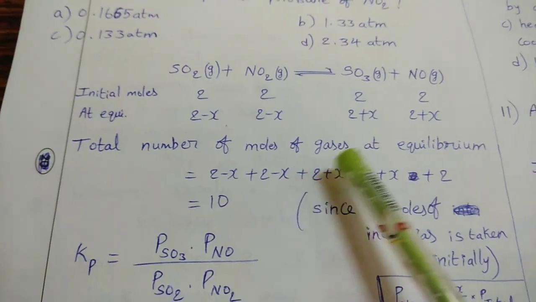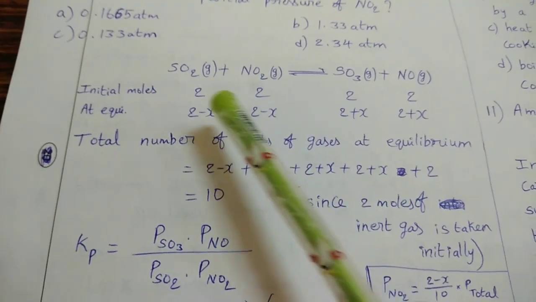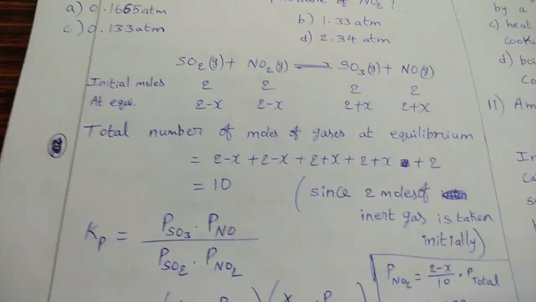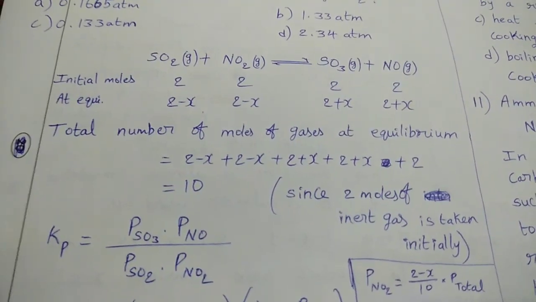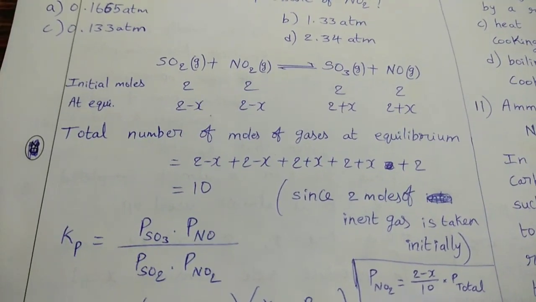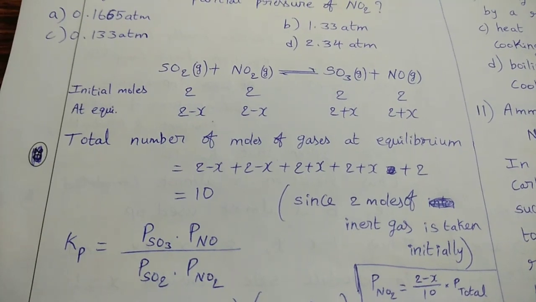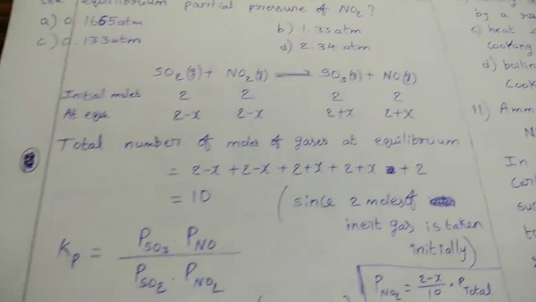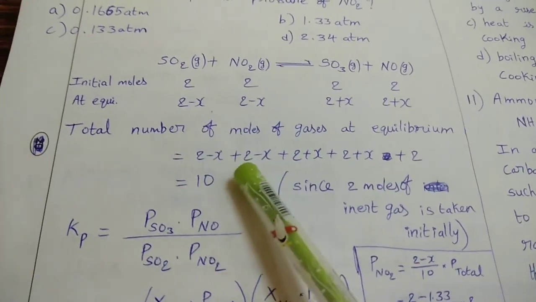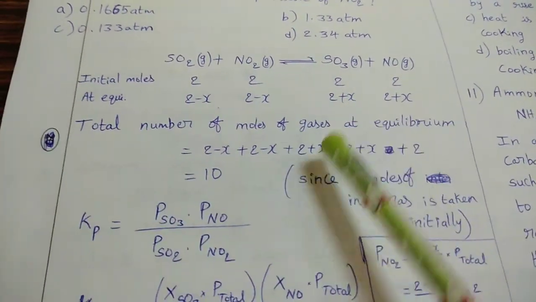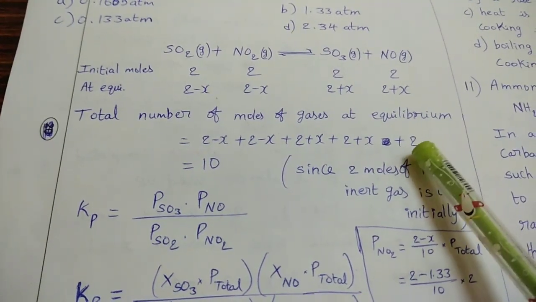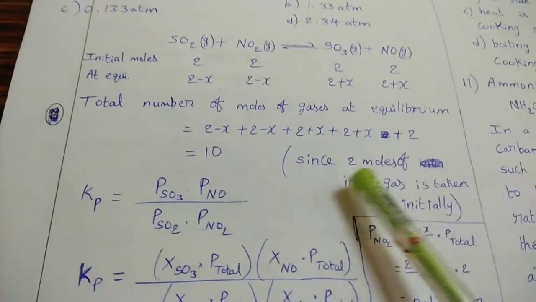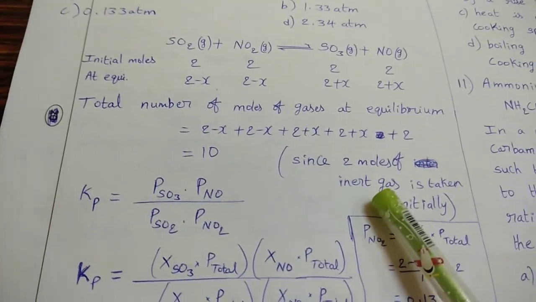Now the total number of moles of gases at equilibrium. Remember, along with these gases, inert gas is also added, 2 moles. So when we calculate the total number of moles at equilibrium, we should consider the inert gas moles also. So 2 minus x plus 2 minus x plus 2 plus x plus 2 plus x plus 2. Here this 2 belongs to the moles of inert gas.